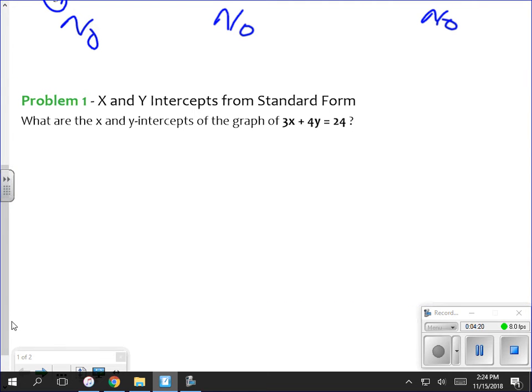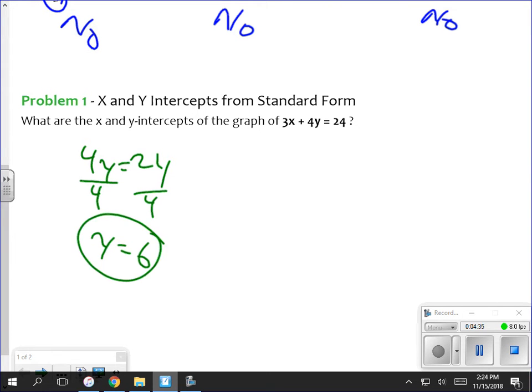When you let x be 0, you get 4y equals 24. Solve that for y. Divide both sides by 4. y equals 6. That is your y-intercept. That's where the line crosses the y-axis.